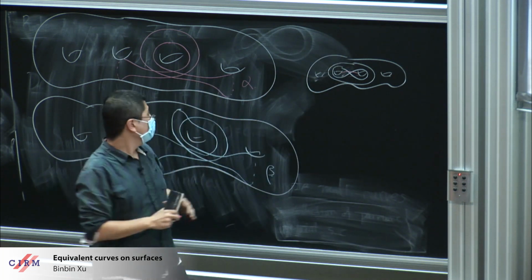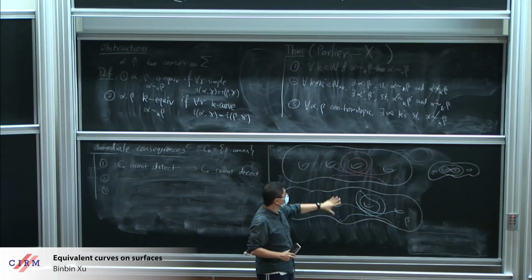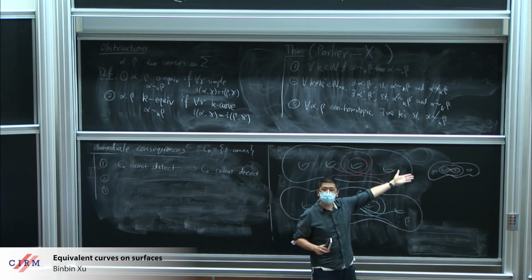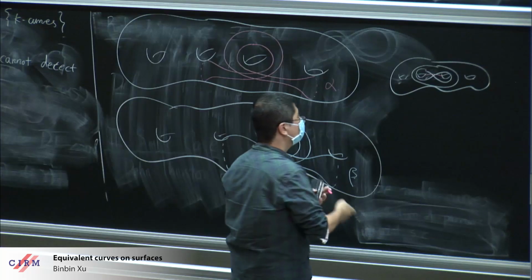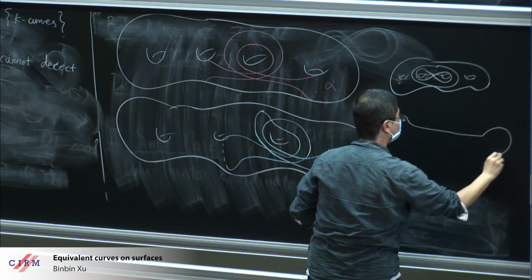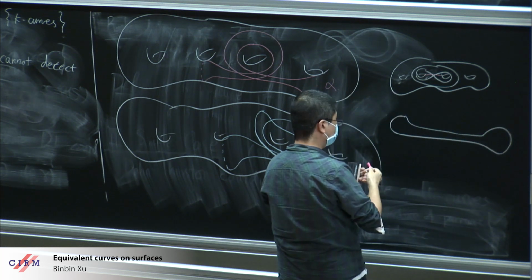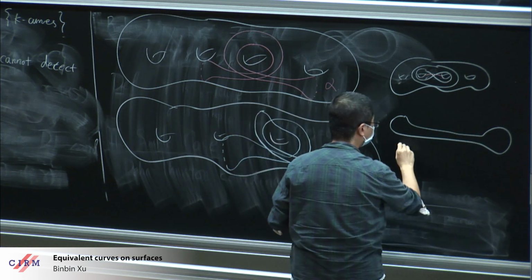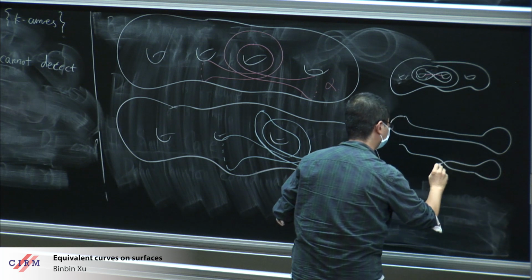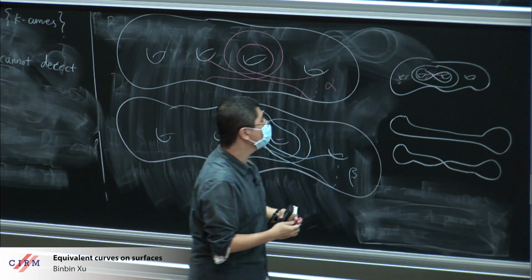differently. And these two curves, you can think of it as when you take the finite cover, you will go to this situation. So what happens is in this curve, I have this picture.